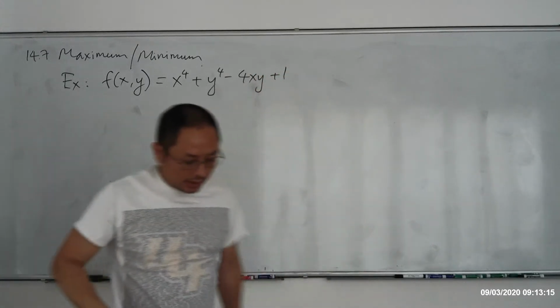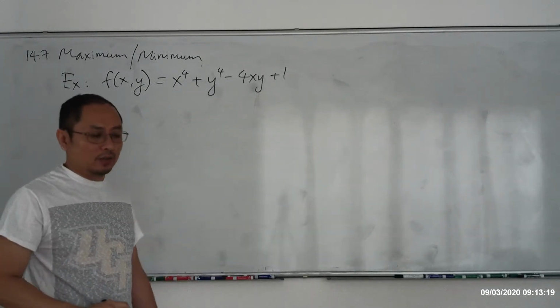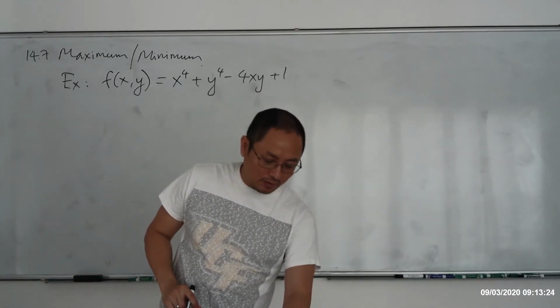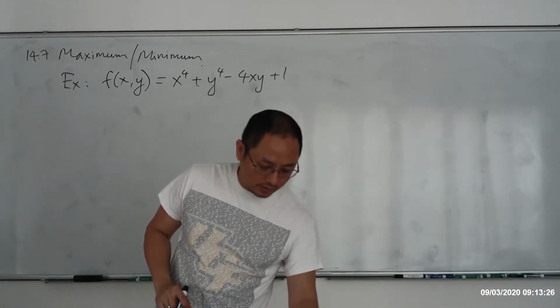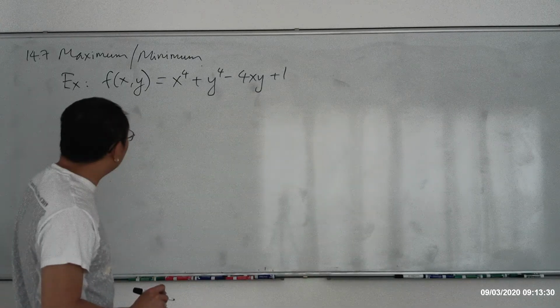In this question, they only ask you to find the local maximum or local minimum. They didn't ask you for the absolute, which is good for us. We don't have to do a lot of work. Less work, just local max and local min.